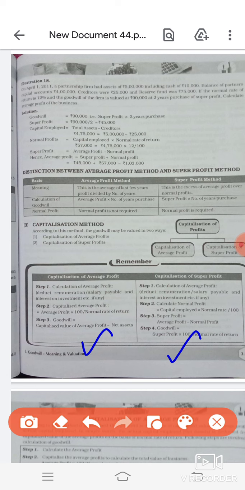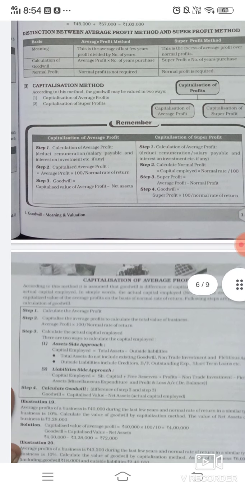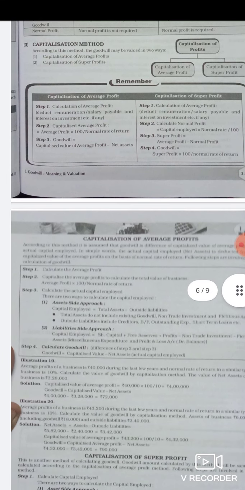And the goodwill is super profit into 100 divided by normal rate of return. Under the capitalization of super profit, value of goodwill equals super profit into 100 divided by normal rate of return. So be thorough with these formulas under these two methods. Okay, first we are going to see capitalization of average profit.